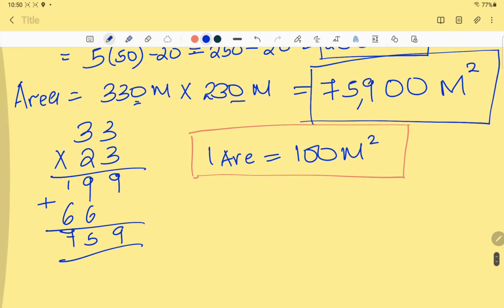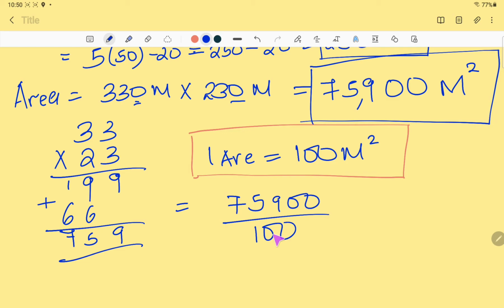So to convert 75,900 meters squared into hours, we have to divide by 100. So 75,900 divided by 100. The zeros will cancel out, and you get the answer as 759 hours.